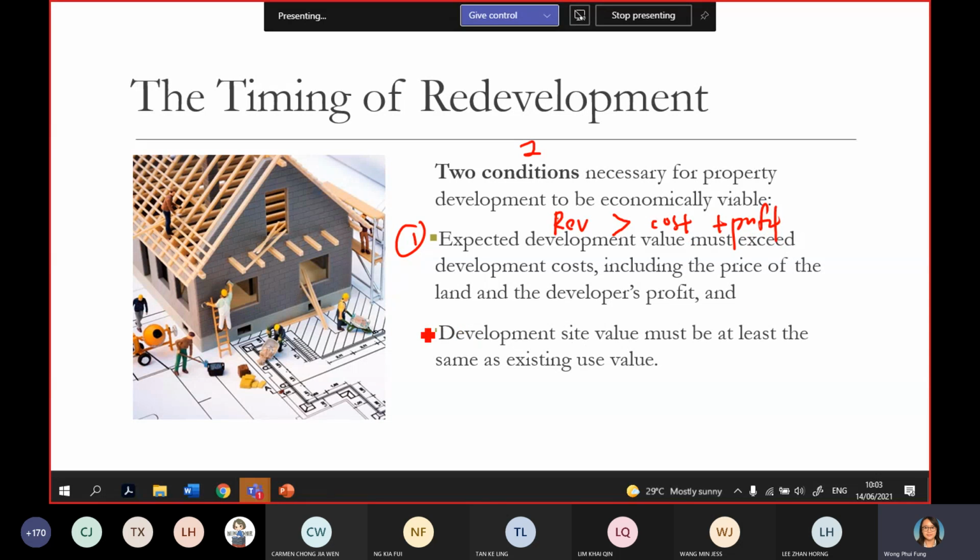The second is that the development site value must be at least the same as the existing use value. The new use of the piece of land should be more than or equivalent to the existing use value. These are the two conditions for knowing the best timing for redevelopment.